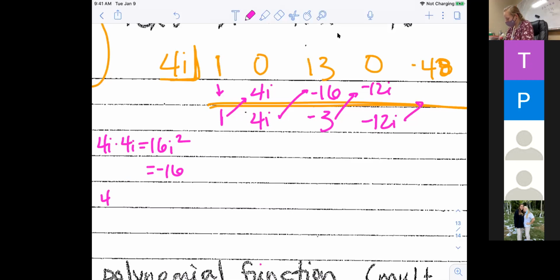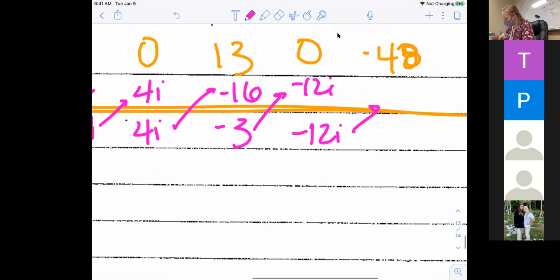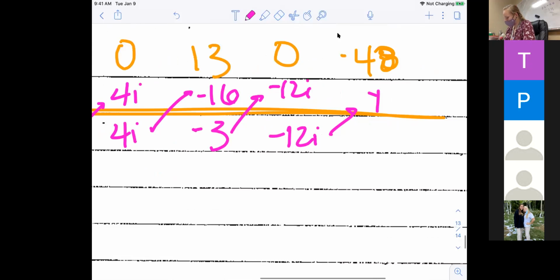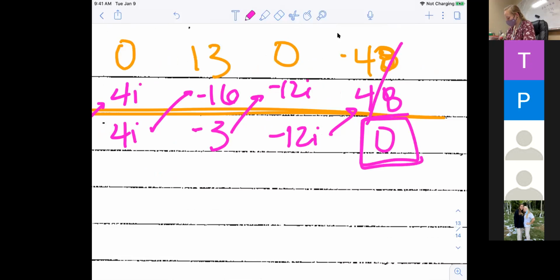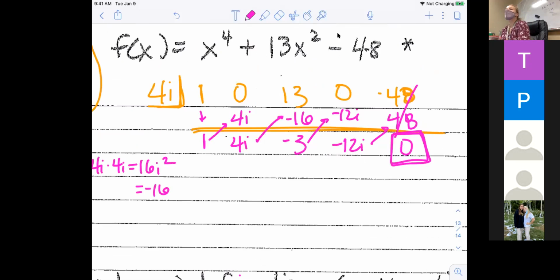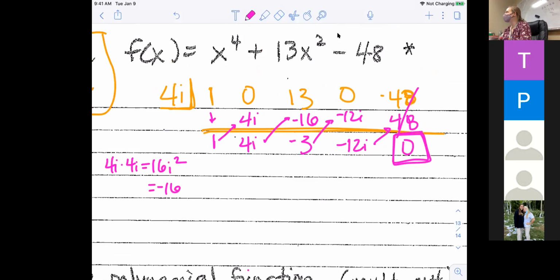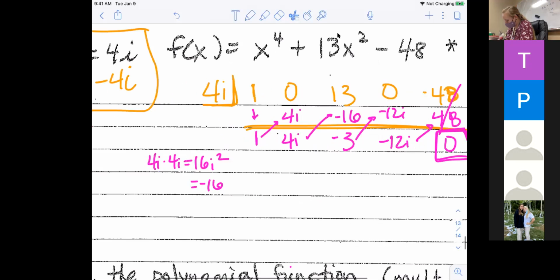And that's actually really nice, because if I had a negative 48 and now I have a positive 48, they cancel and I get 0. And that's my remainder. Again, a hint: now that I have i's in here, you know that you should do another synthetic division. Your answer should never have i's in it. Do not give me answers with i's in it. So we are going to do our other synthetic division with the negative 4i.